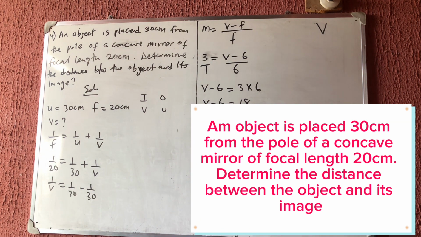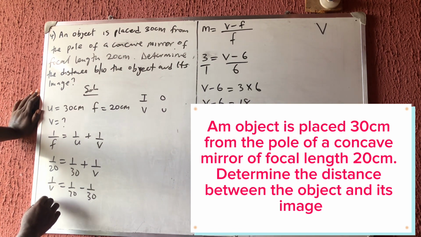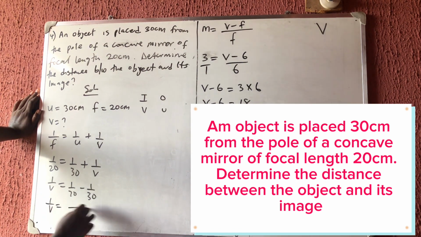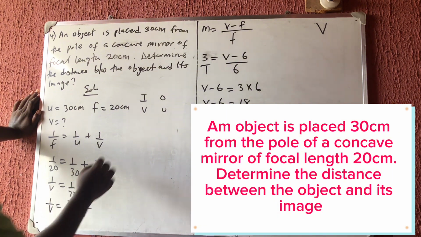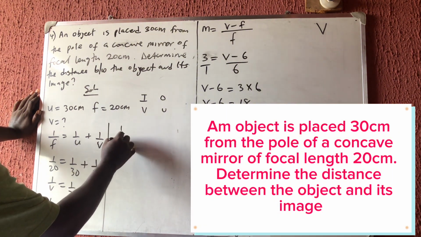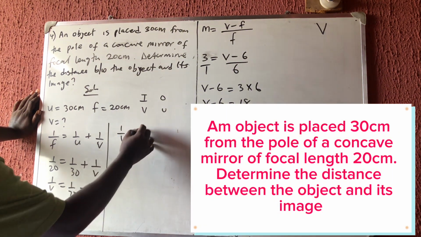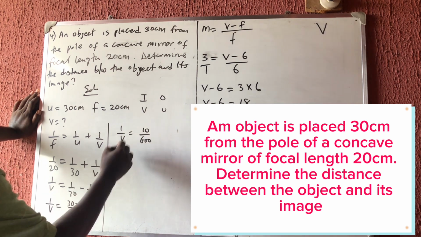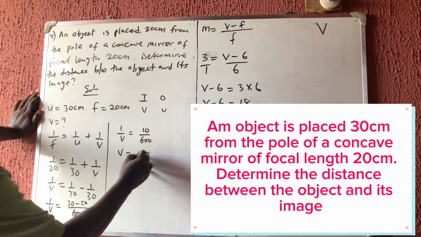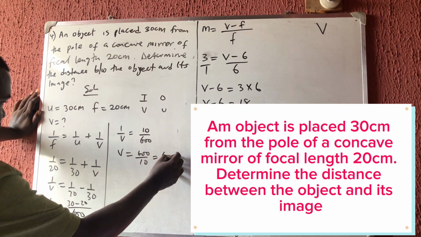The LCM is 20 times 30, which is 600. 600 divided by 20 is 30, and 600 divided by 30 is 20. So 1 over V is equal to 30 minus 20 over 600, which is 10 over 600. So V is 600 over 10, which is 60 cm.